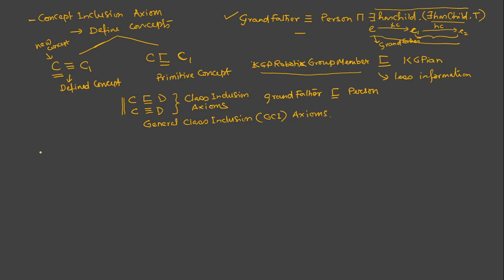Now, as we can have inclusion axioms for concepts, we can also have inclusion axioms for roles, and that brings us to the role inclusion axiom. And as I mentioned earlier, we can use this term role to represent properties, right?